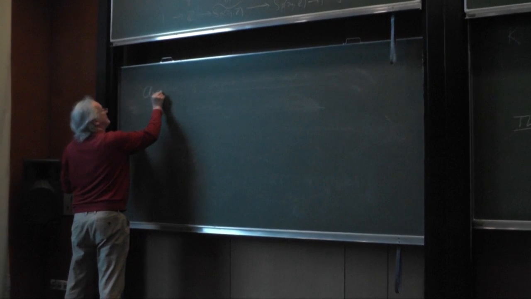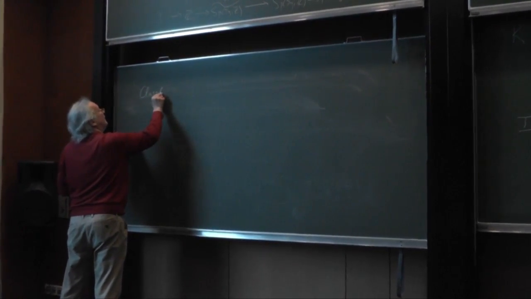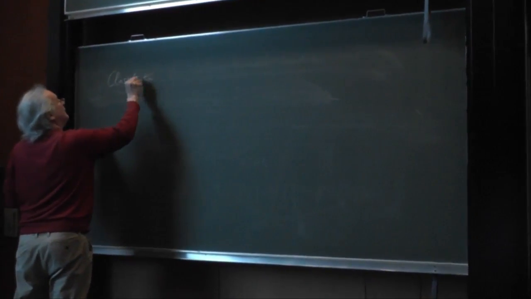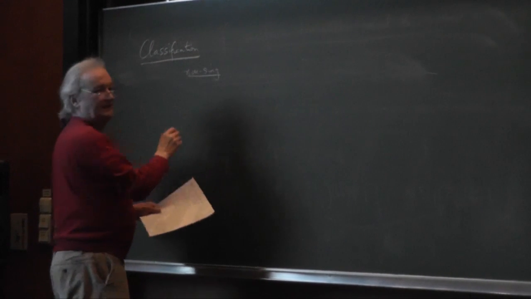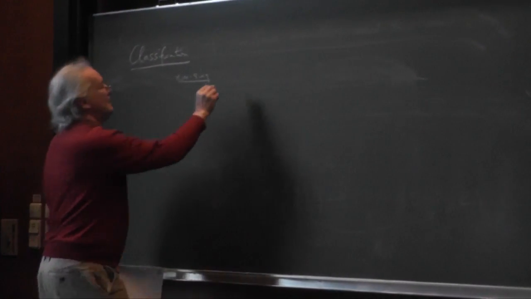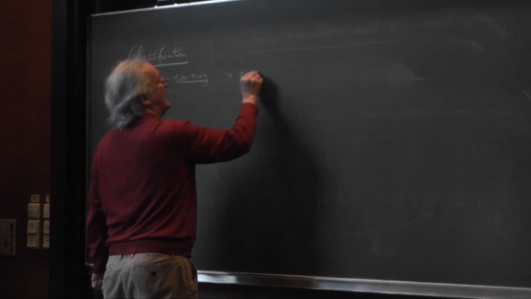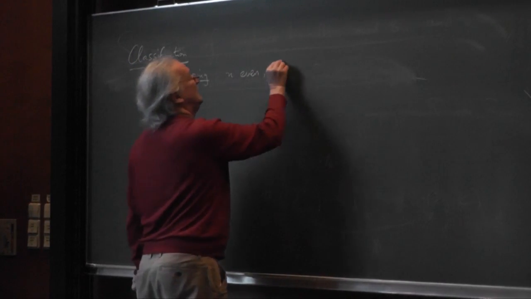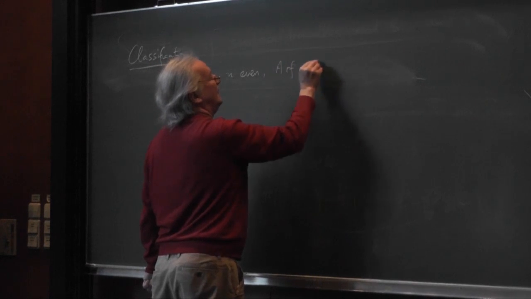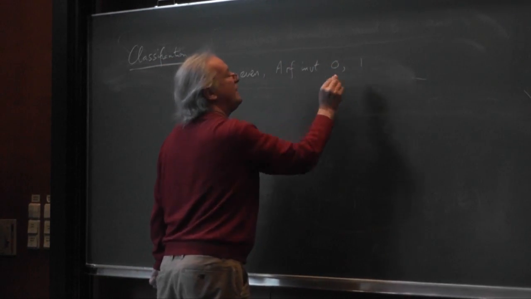So let me tell you about the classification. For non-singular quadratic forms, you have to have an even dimension, so n is even. And there are two types depending on the Arf invariant, which is either 0 or 1.